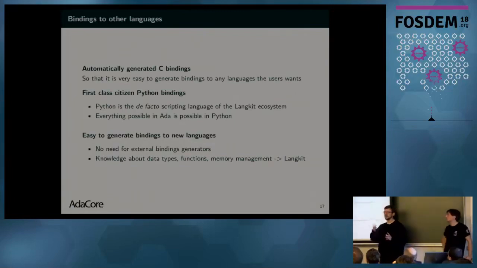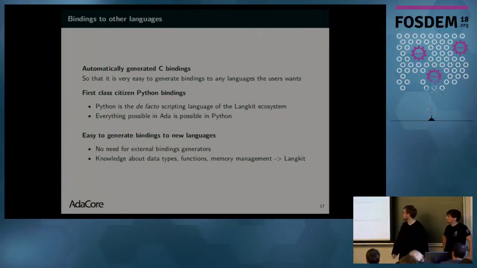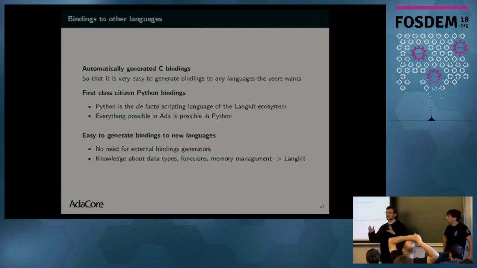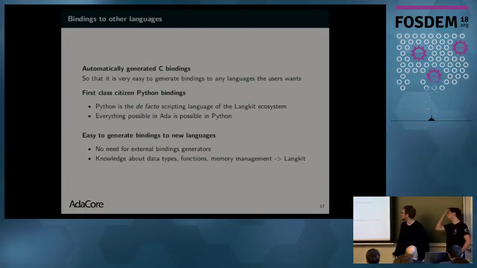So once you generated your library, you can right away use it from Python, launching an interactive shell, and for example, parsing a source code and asking for knowledge about the code. And it's easy to generate bindings to new languages because Langkit has the knowledge from the language specification about everything, the data types, the fields, the functions that are available, so it can very easily generate bindings to other languages.